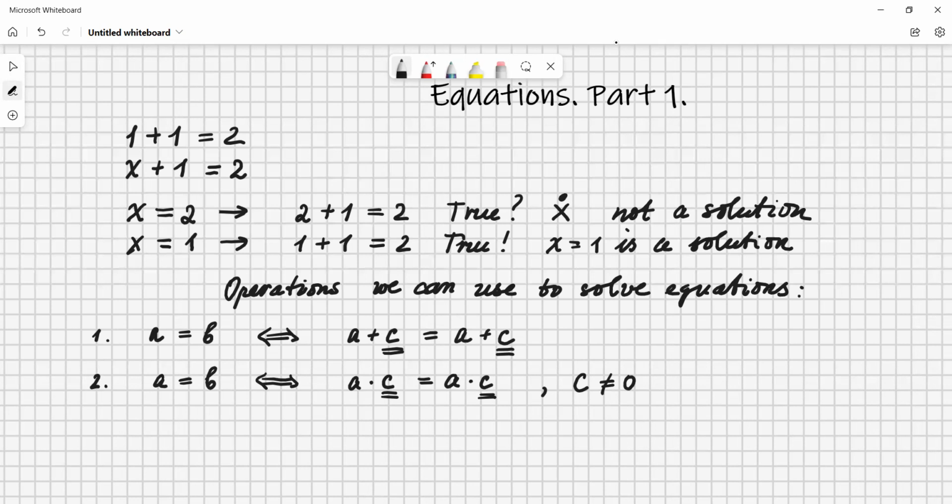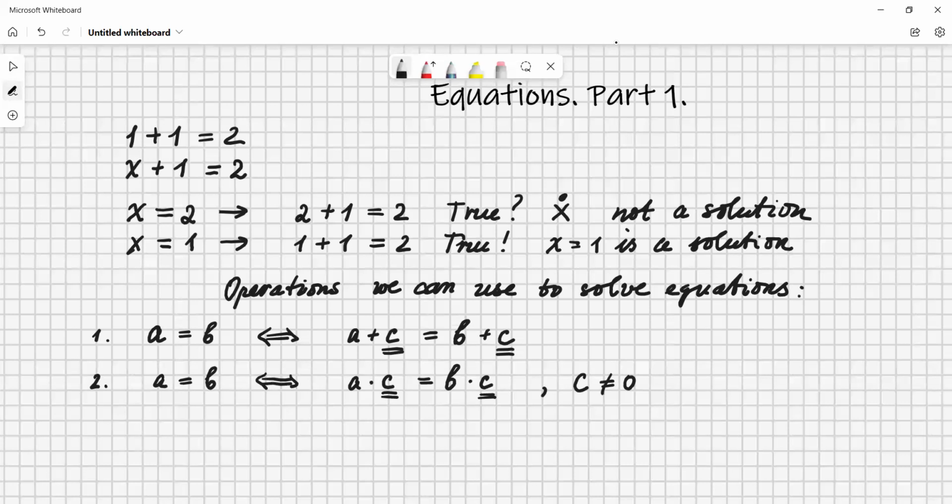I'm sorry, I was supposed to write down B over here. Somehow, the second time I wrote A. That's not supposed to happen. The statement A equals B is supposed to be transformed into A plus C equals B plus C, and here A times C equals B times C.